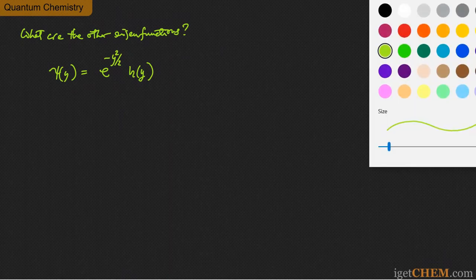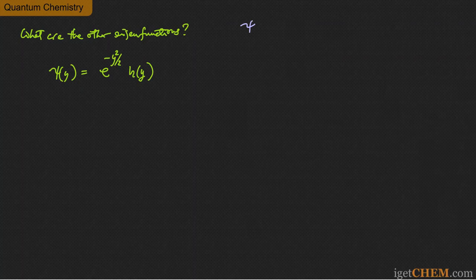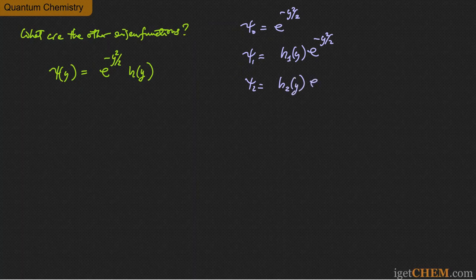So we expect to see a whole bunch of different eigenfunctions, and they're all different polynomials multiplied by the Gaussian. What I mean by this is, since we know psi 0 is equal to this, then our conjecture for the others is that psi 1 is going to be some function h1 of y times the same Gaussian, and psi 2 is going to be another polynomial of y multiplied by the same Gaussian.